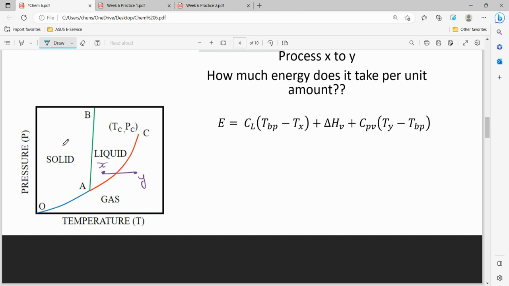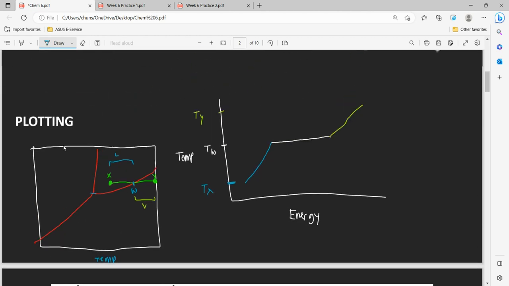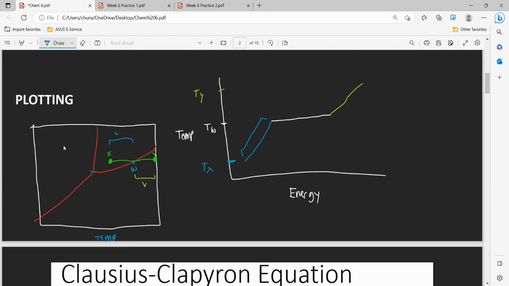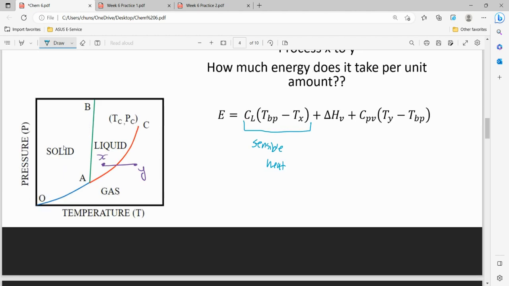So in this process, here's it better illustrated. This section here is sensible heat in our liquid phase. So this represents this portion of the graph, right, as we go from Tx to Tw. So those are the two temperatures that we're going to be using for the difference.